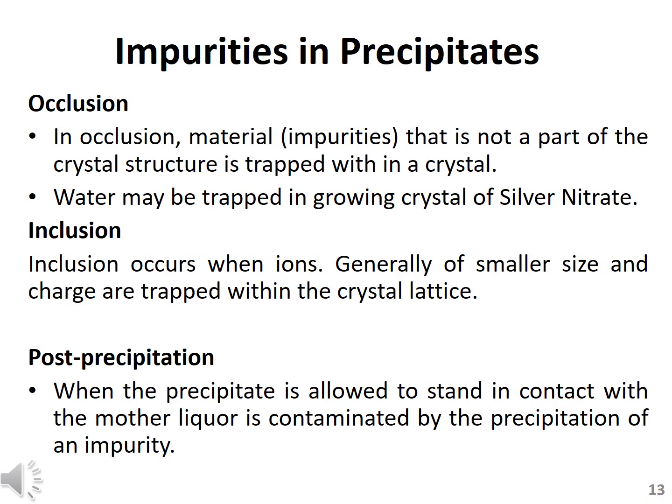So the molecules of the impurities are trapped within the crystal structure, for example, water molecules trapped in growing crystals of silver nitrate. Inclusion occurs when the impurity occupies a crystal site in the crystal structure of the carrier, resulting in a crystallographic defect. This can happen when the ionic radius and the charge of the impurity are similar to those of the carrier.